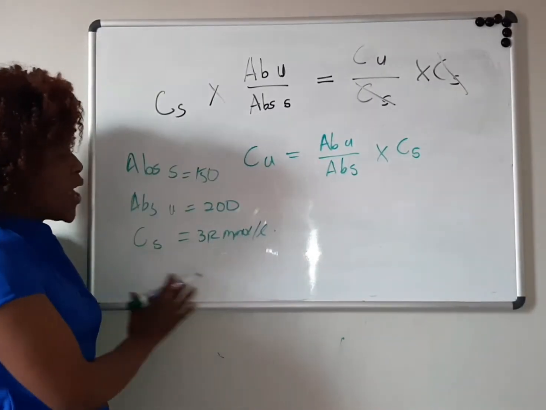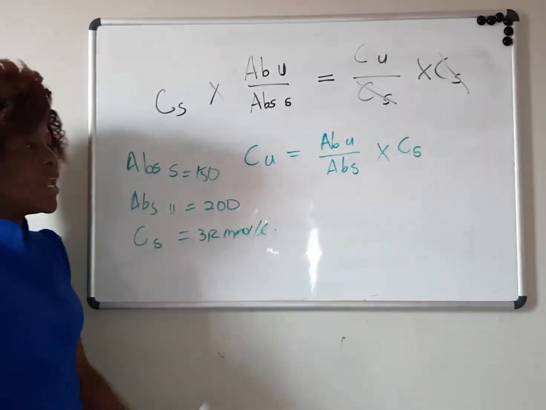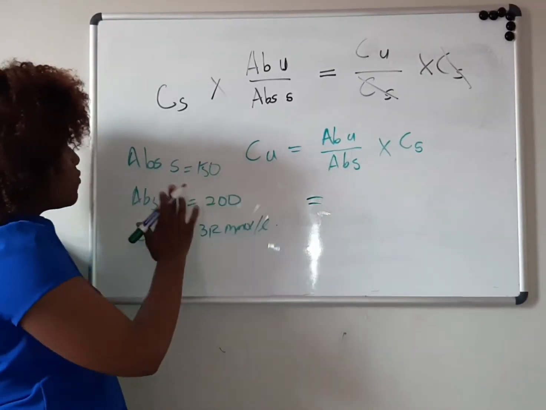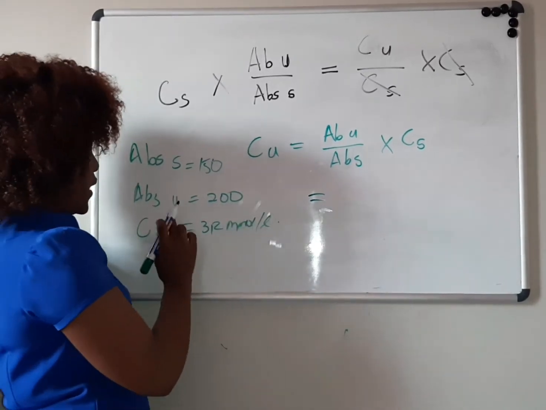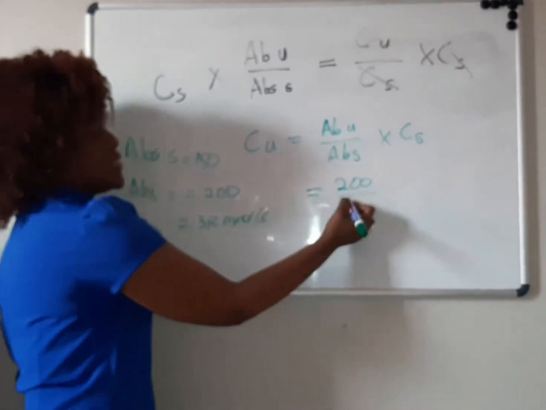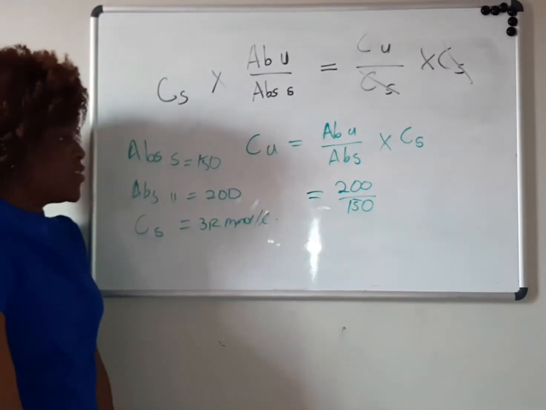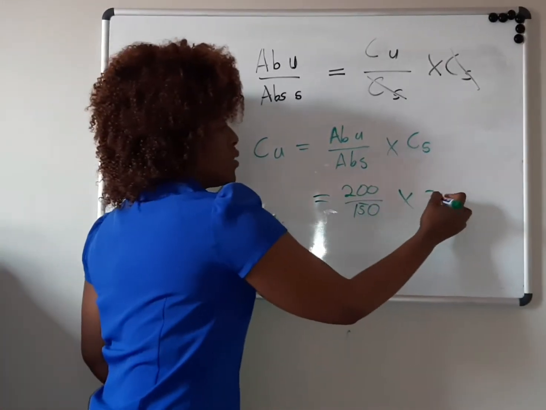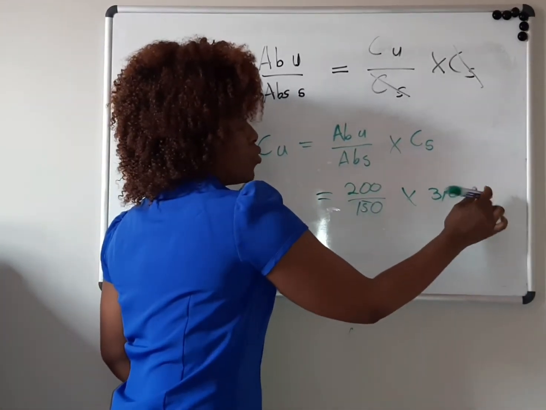As soon as you have all the information that you need, you can substitute it into your formula. So you'll say, okay, the absorbance of the unknown is 200, divided by the absorbance of the standard, which is 150, multiplied by the concentration of the standard, 3.2 millimoles per liter.